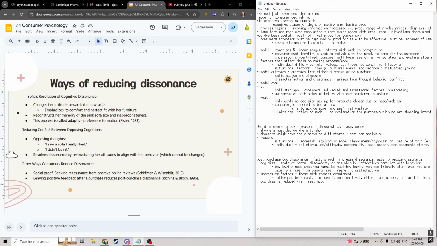Restructuring of attitudes and memories to adapt to behavior. And this is called adaptive preference formation. Other ways, a social proof.